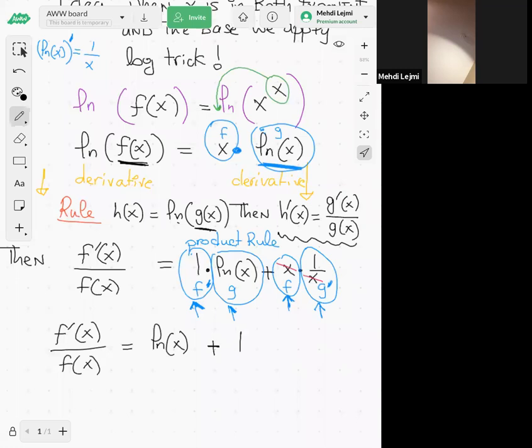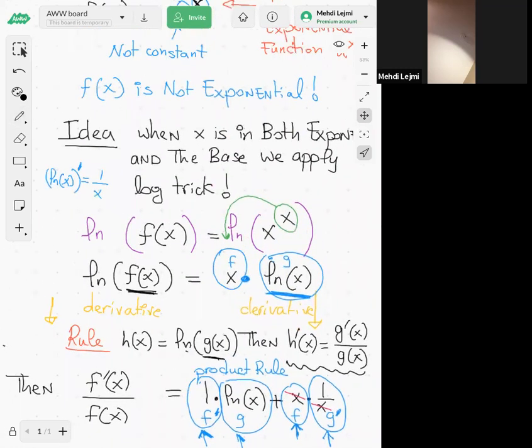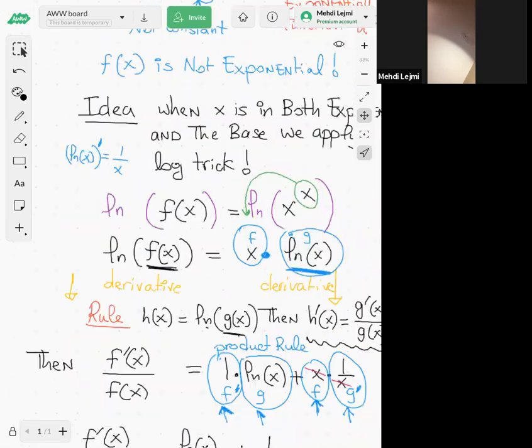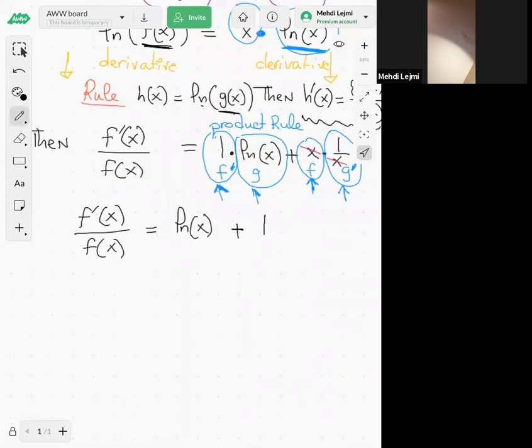And again, the goal here is to compute the derivative of f, right? We want to compute f prime of x, so I need to solve for f prime of x. That's the exercise. That's our goal, right? Find the derivative of f.